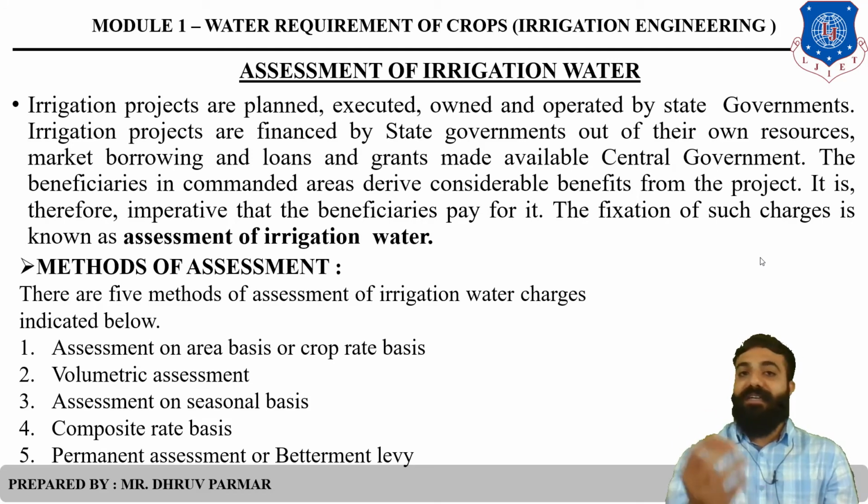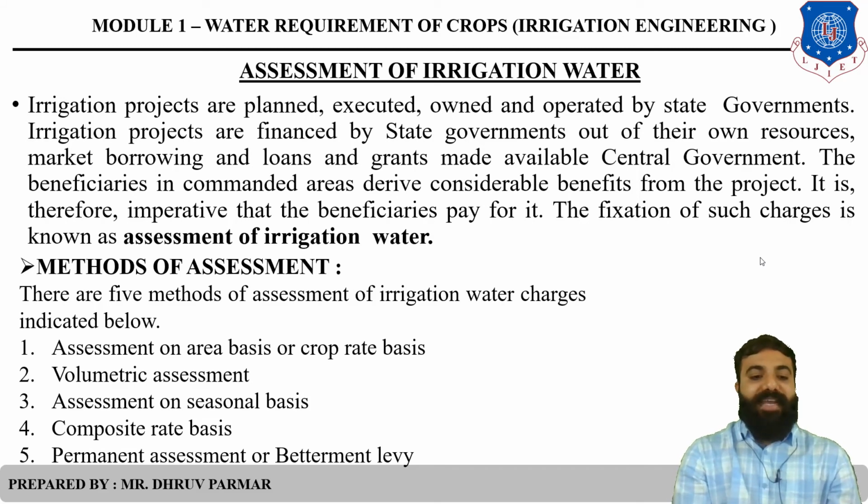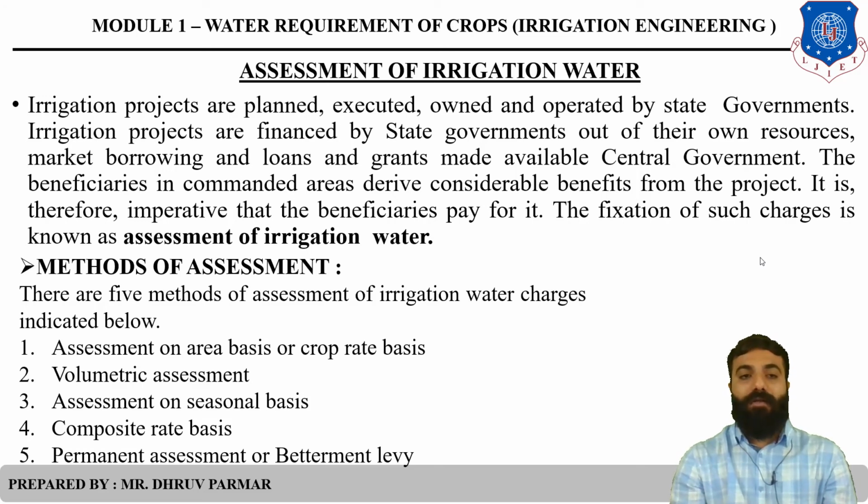Cultivators near the head get a maximum amount of water as compared to the tail. Clear? Obviously the farmer who lives near the dam gets maximum water compared to those who live at the far end of the dam. Clear? Second, since the water charges are not made on the basis of the actual quantity of water, the farmer has a tendency to use the maximum amount of water. So the usage of water is more and the water losses are more.